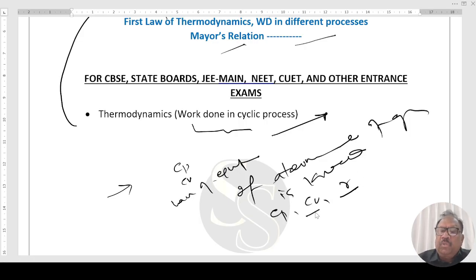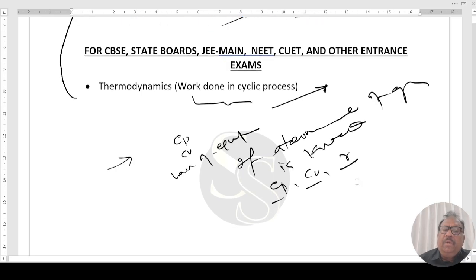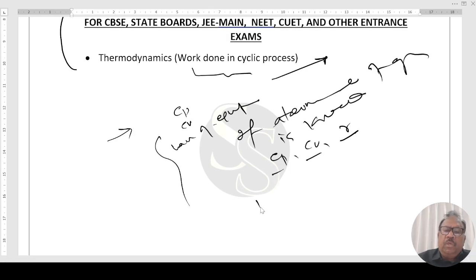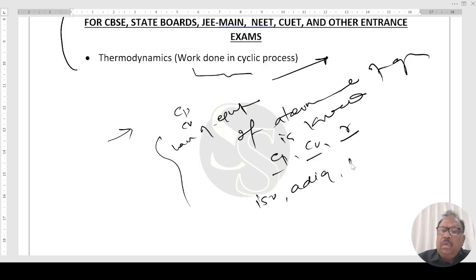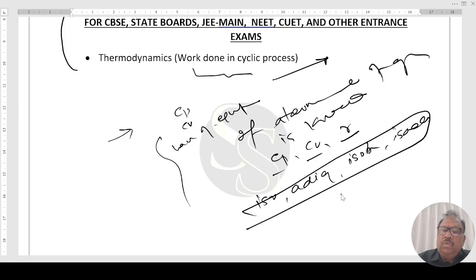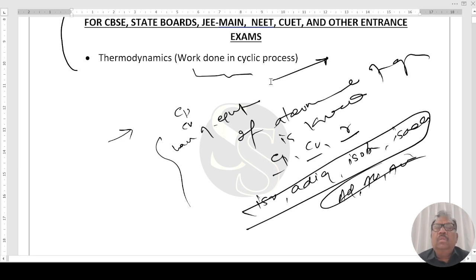Gamma is the specific heat ratio. And what is an isothermal process? What is adiabatic? What is isobaric and isochoric? In which case is none of delta Q, delta U, delta W zero? All are going to be discussed in detail.